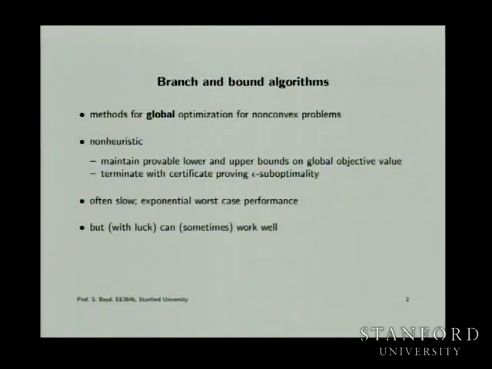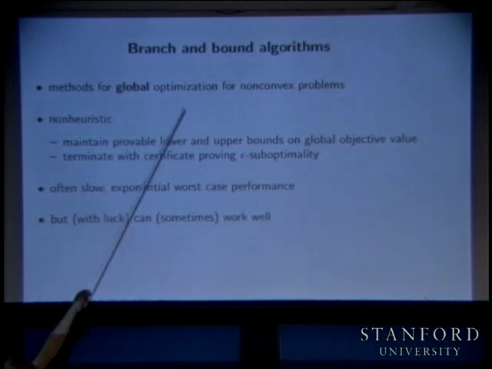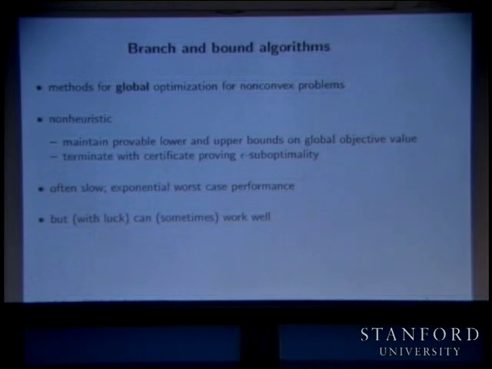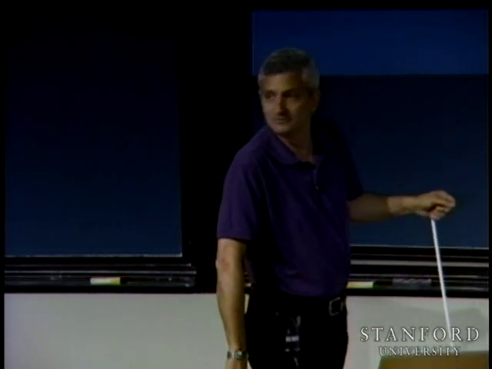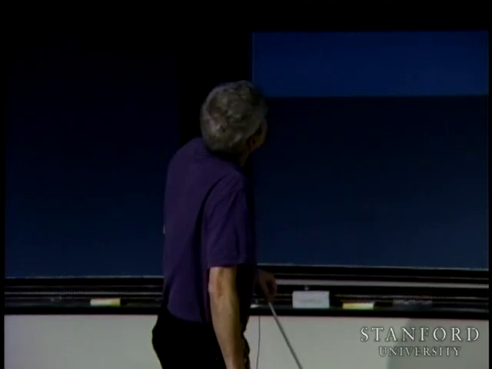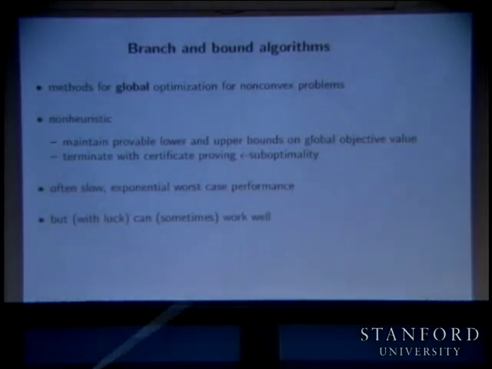So branch and bound. It's a family of global optimization methods. You'll find lots of variations on this, like branch and cut, and they have all sorts of names for this. Actually, how many people have taken something on this or seen it? No one. Okay. So they're going to maintain provable lower and upper bounds on the global objective value, just like in convex optimization.